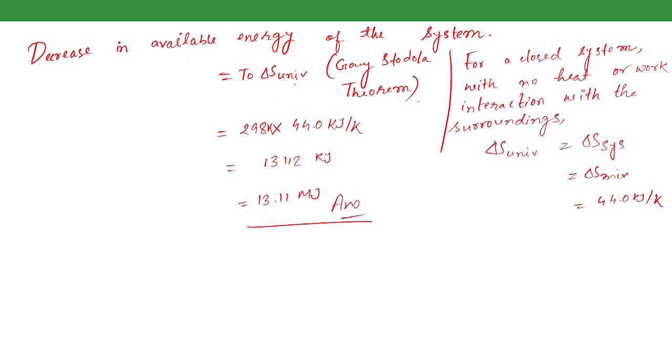From this theorem, we can also say that since the entropy delta S of the universe is always increasing, that is delta S of the universe is always positive, greater than or equal to 0. Equal to 0 for a reversible process, it is greater than 0 for any real process. So the available energy is always decreasing, because the decrease is a positive term.